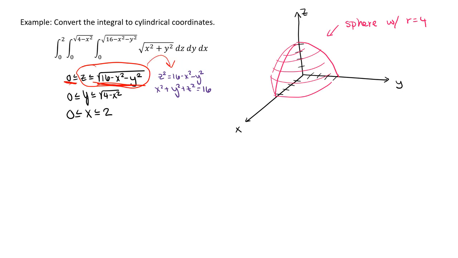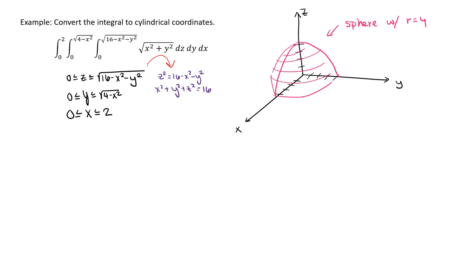If that's not obvious, you could square both sides. And then maybe it's a little bit easier to see that this is the top half of x squared plus y squared plus z squared equals 16. So our z values are going from 0, which is our xy plane, up to that sphere with a radius of 4. All right, so that's our z values.